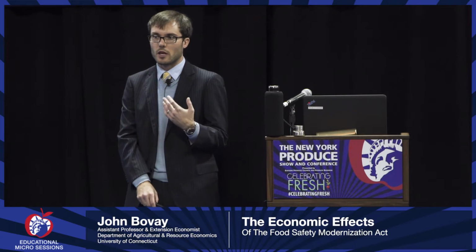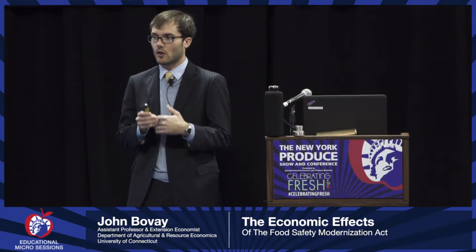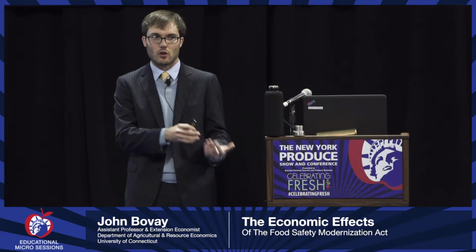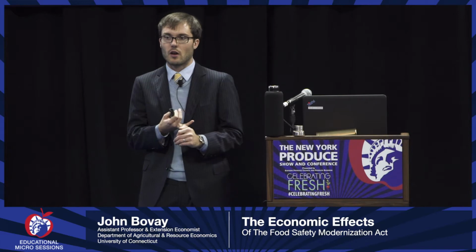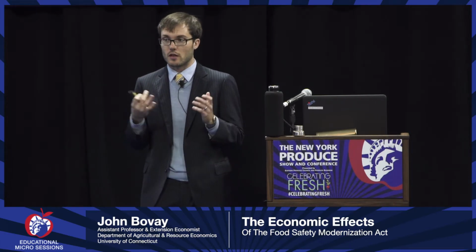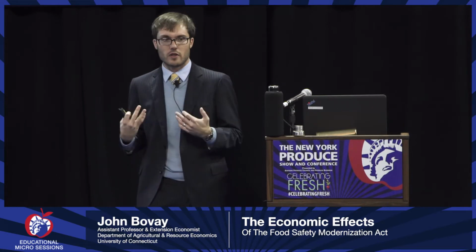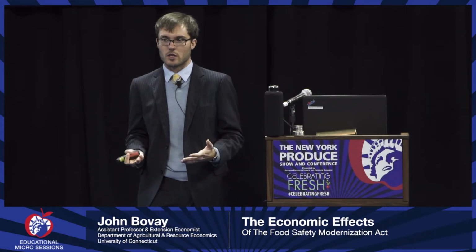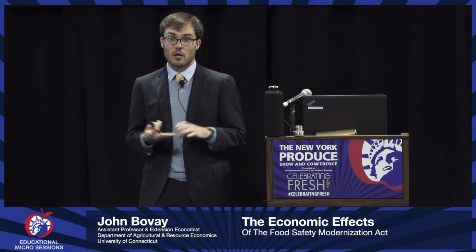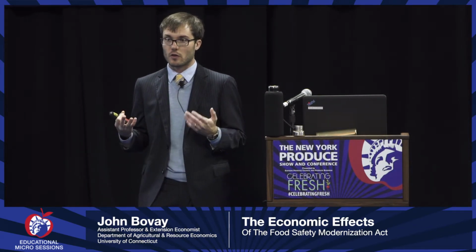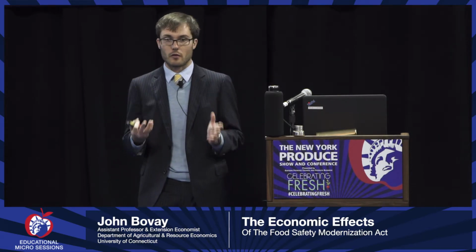We chose fresh tomatoes as a case study because it has several advantages in terms of the way that costs are going to be differentiated across farms in North America. Imported tomatoes account for a little bit more than half of sales, and nearly all of them come from Mexico and Canada. So this allows us to illustrate the effects of the foreign supplier verification program. There was an especially early adoption of good agricultural practices on a collective basis by growers in California and Florida.